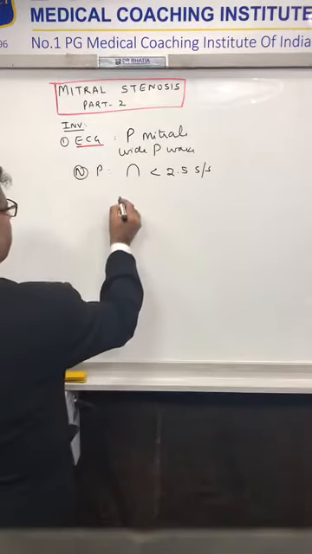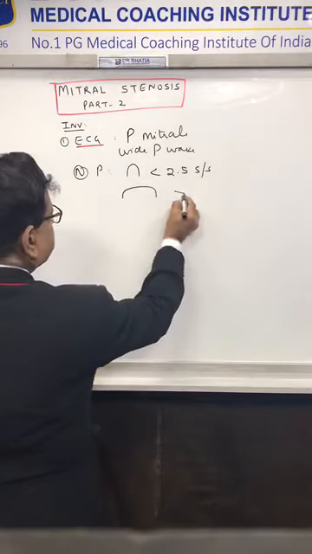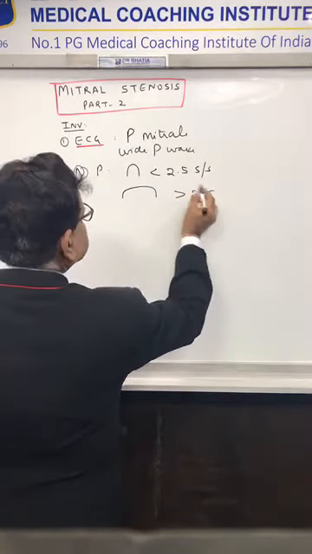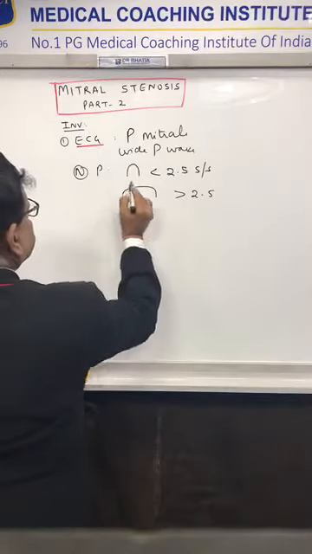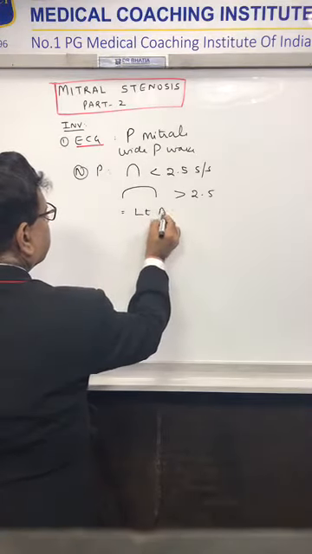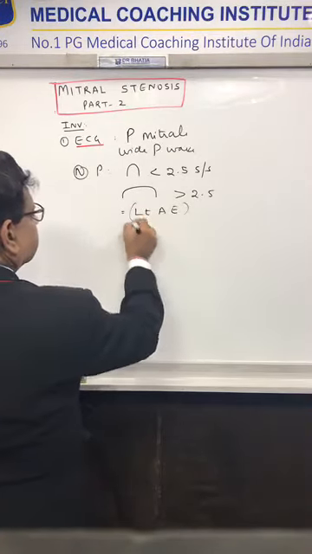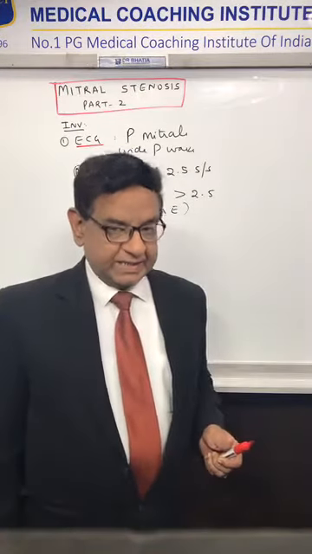But if the width is more than 2.5 small squares, we call it P mitral, which indicates left atrial enlargement.